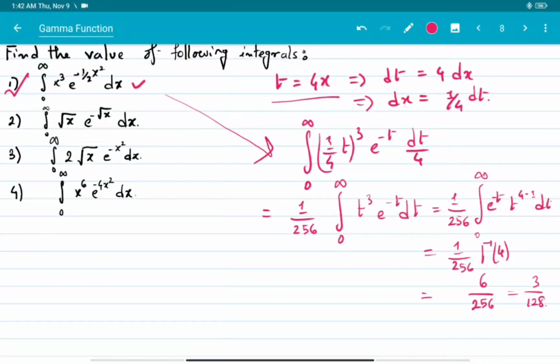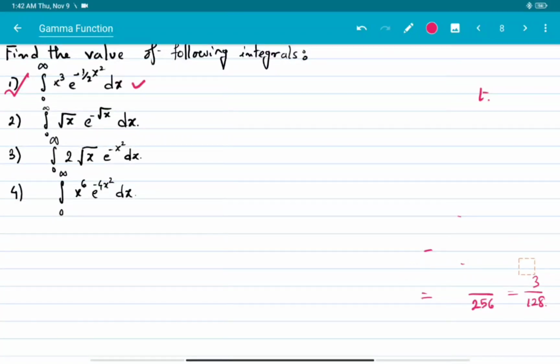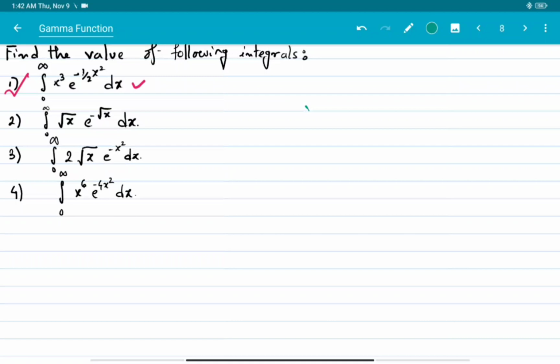So we are done with this. Now the second one. How can we do it?